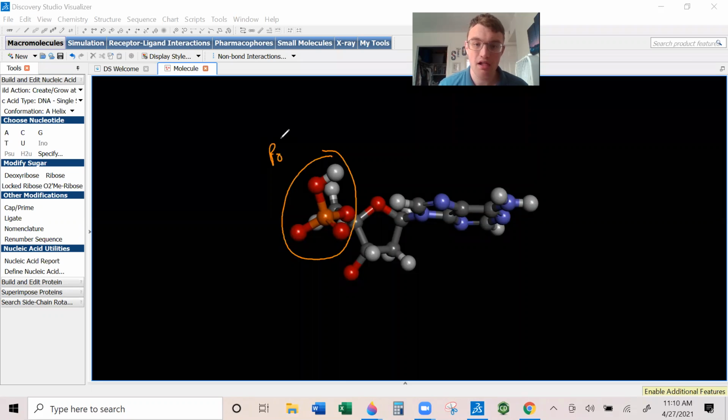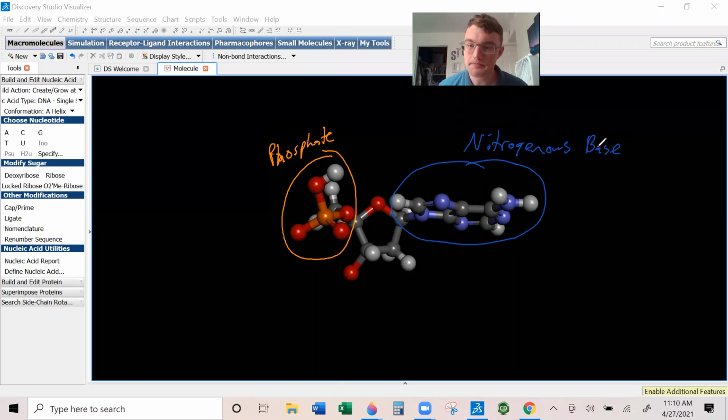Over here, this is our nitrogenous base. And right here, I'll make it white to stand out from the black background here. Right here, this is our pentose sugar, okay? So let me zoom in here on that pentose sugar. We're going to focus here.